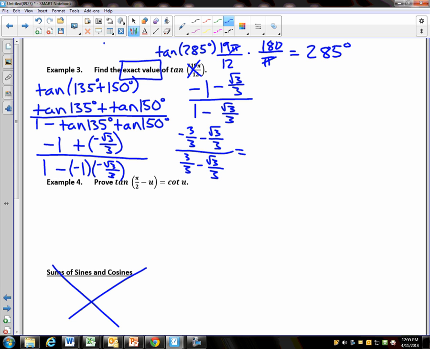I end up with negative 3 minus the root of 3 over 3 divided by 3 minus the root of 3 over 3. It's a lot of 3's. So I finally have one fraction at the top, one fraction at the bottom. What do I do? Multiply by the reciprocal.